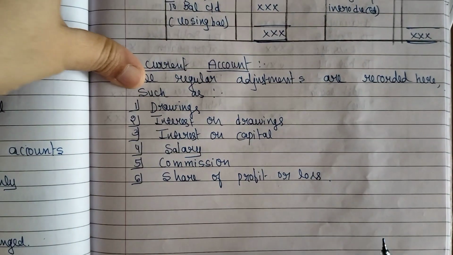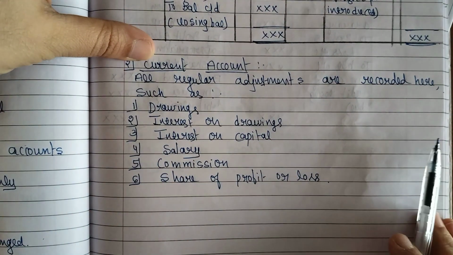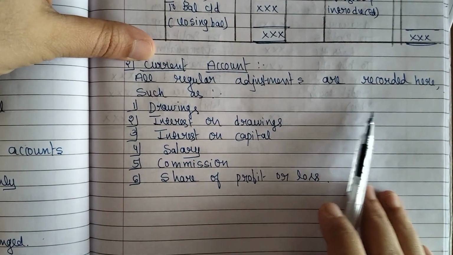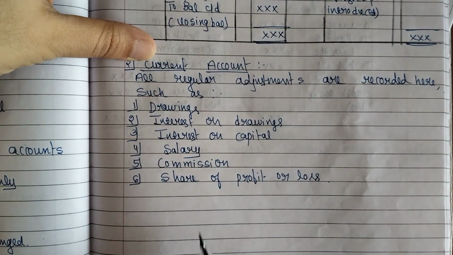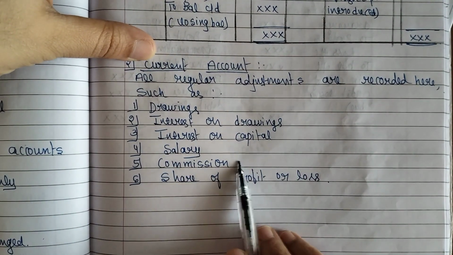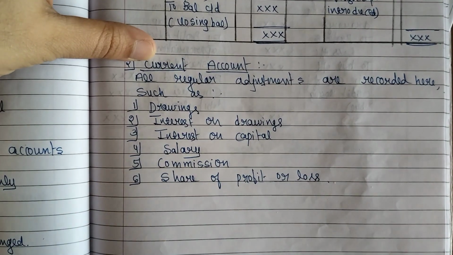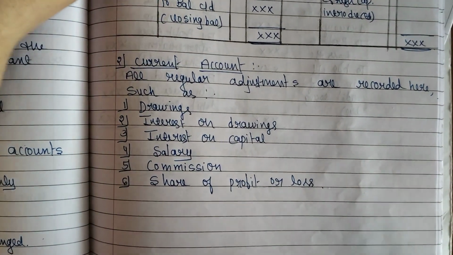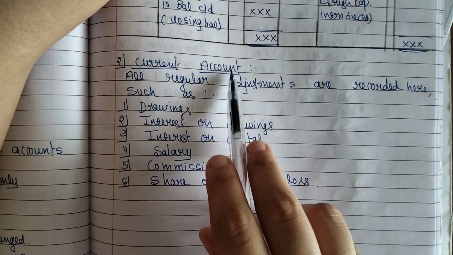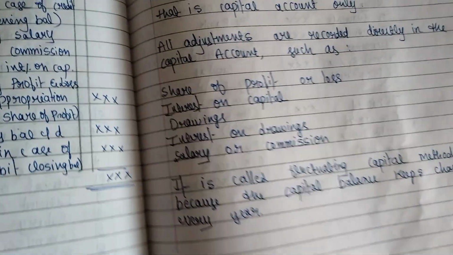In current account, all regular adjustments are recorded, such as drawings, withdrawal of amount by the partner, interest charged on drawings, interest on capital, salary to the partner, commission to the partner, share of profit or loss. For this we need to prepare the profit and loss appropriation account. I will explain this in the later classes. Clear? So these are all the information included in the current account. So let's see the format of current account.